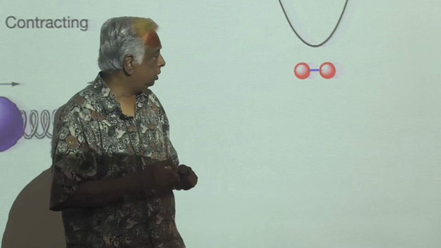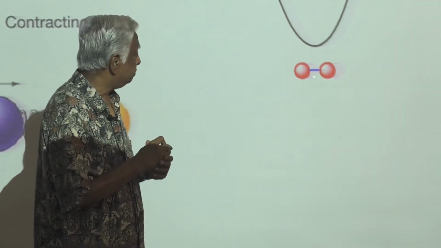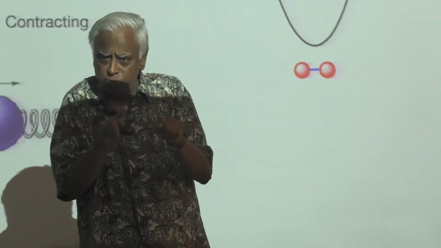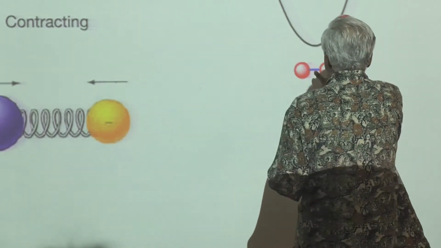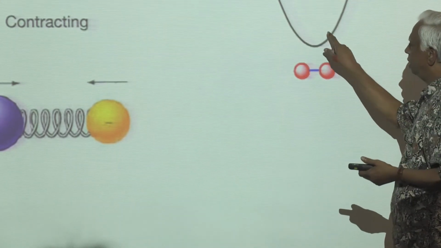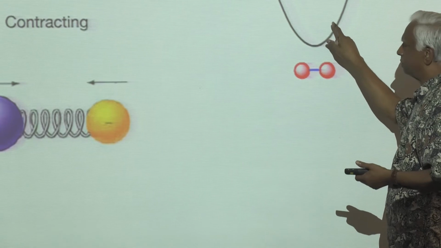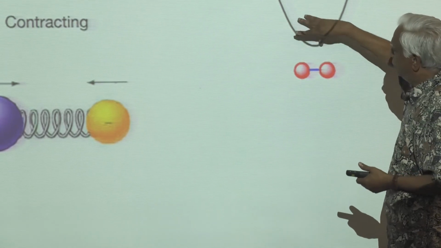But then these are the two atoms, and these two atoms are always moving around, vibrating. When they are vibrating, the distance between these two is going to be here or here or here and here. So they vibrate between these two places.